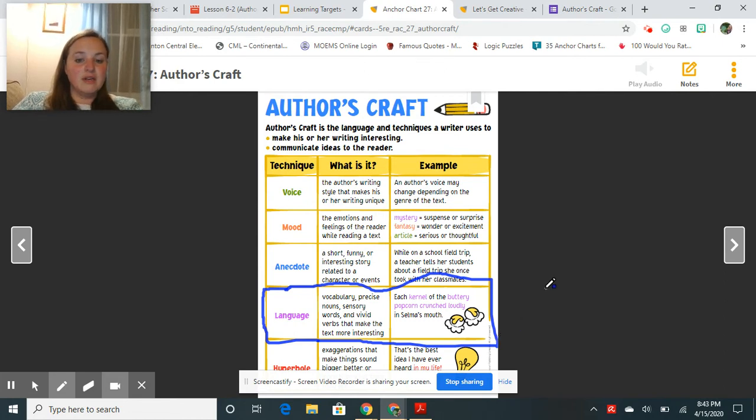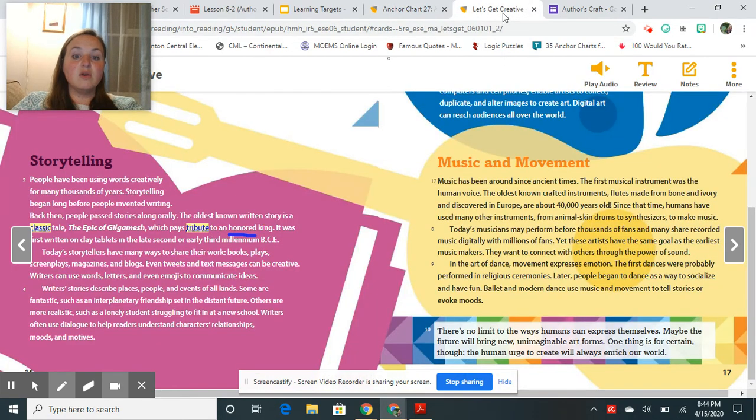What vocabulary or precise nouns, sensory words, or vivid verbs make the text more interesting? So you're going to reread this section and you're going to annotate in the sides where it says your notes, where you see the author's craft of language. So what are some sentences that you really thought helped you understand and really livened up the article?